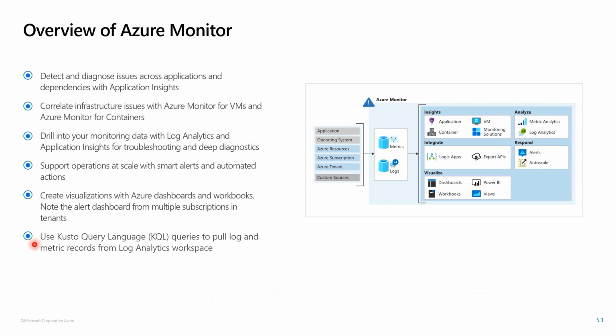We're going to use KQL or Kusto query language, which allows us, with a very easily human readable syntax, to pull in logs and metrics into our log analytics workspace and build out queries to review all of the items that we have saved there.